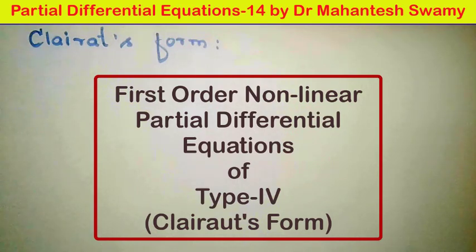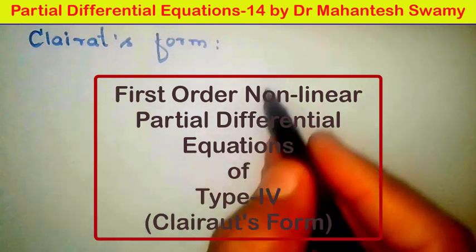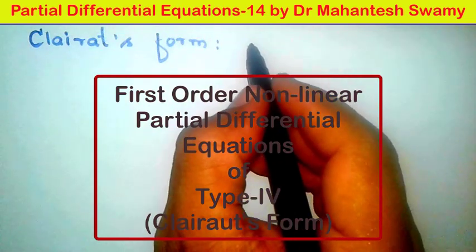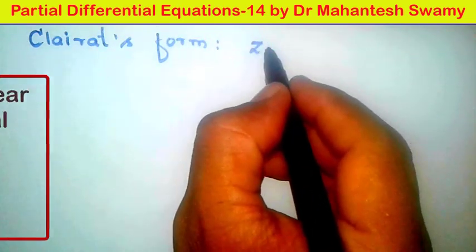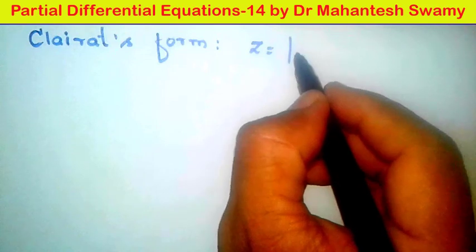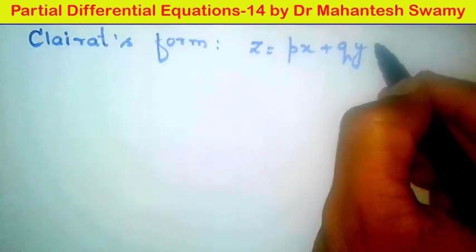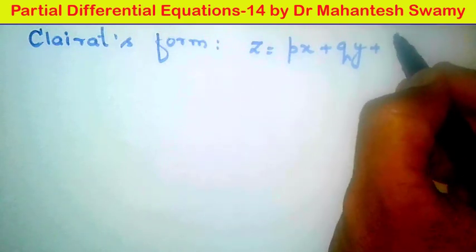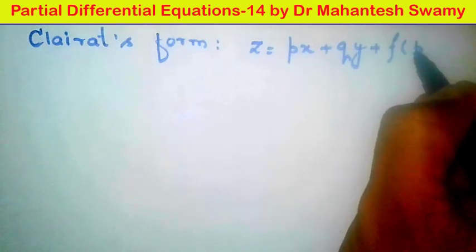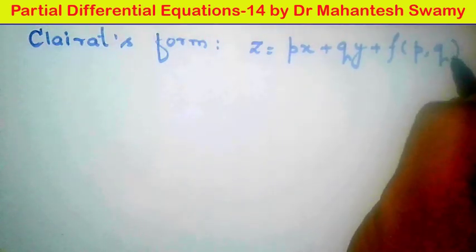So what is the Clairaut's form? Let us see. A differential equation is in the form z equal to px plus qy plus some relation between p and q, that is, some function of p and q.